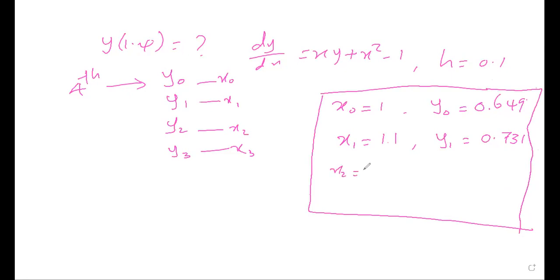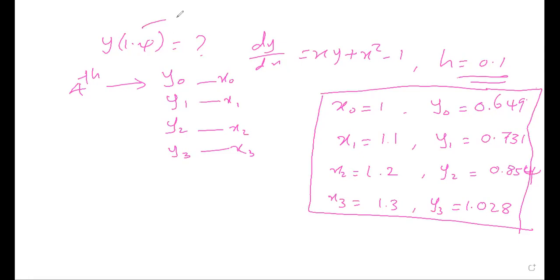What will be x2? You know h, so x2 is 1.2, isn't it? y2 will be, let's say, 0.854. x3 will be 1.3. y3 is equal to 1.028.